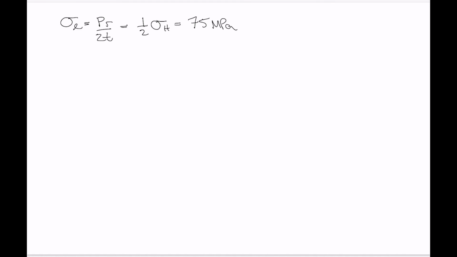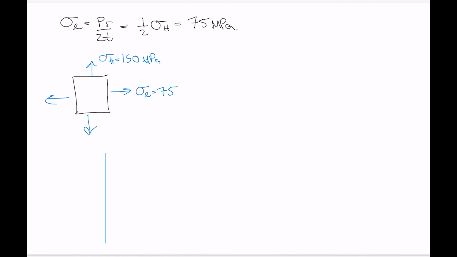Okay, and now things continue to be super easy because let's just draw our in-plane element again. So we've got our longitudinal stress, sigma L, is 75 megapascals, and our hoop stress, sigma H, is 150 megapascals. And there's no shear stress acting on the element. So when you go to draw Mohr's circle here, let's do that in black.